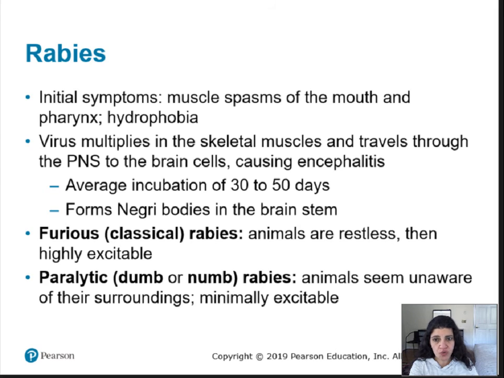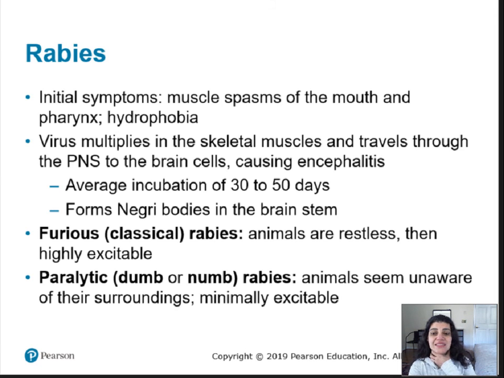Other than the furious rabies that I was describing to you, there is the paralytic rabies, which you usually see in cats, where the animal just stops and shows very little excitation. It's very still. That's another way rabies symptoms occur. The average incubation period is between 30 and 50 days. Another common symptom is hydrophobia.